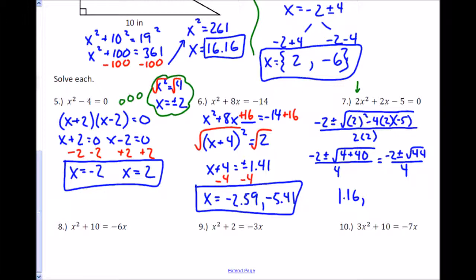I also have to do the negative 2 minus the square root of 44 divided by the 4, which gives me a negative 2.16. Okay, so those are my two x values. So again, if it can't be factored, either go to completing the square or your quadratic formula.